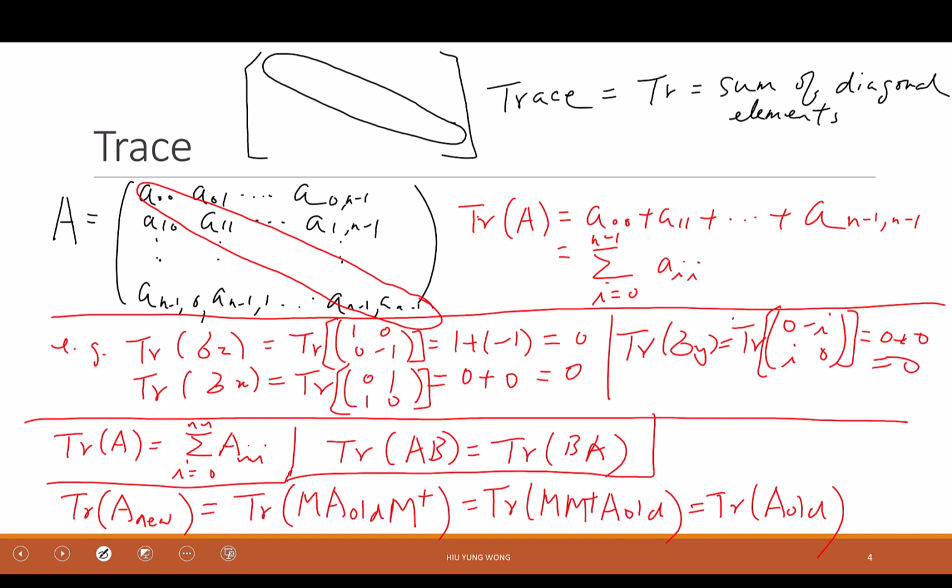Which makes sense, because remember, the trace very often represents a physical quantity if it is the eigenvalue. When you represent a matrix in its eigenvector basis, the diagonal elements are the eigenvalues. The trace is the sum of the eigenvalues.